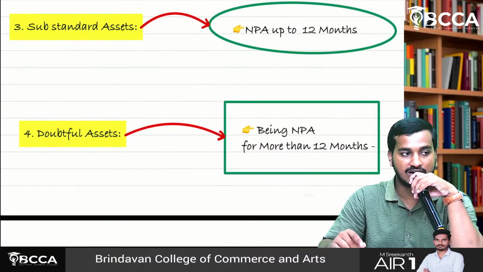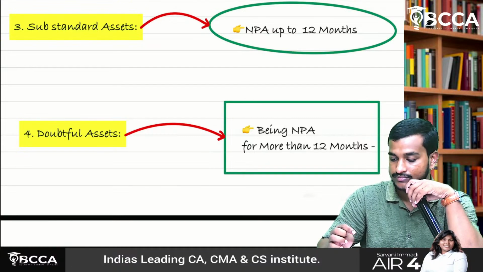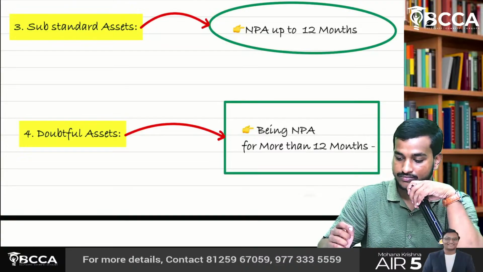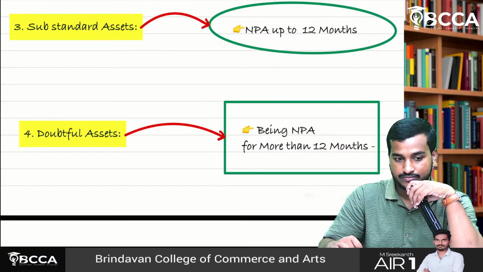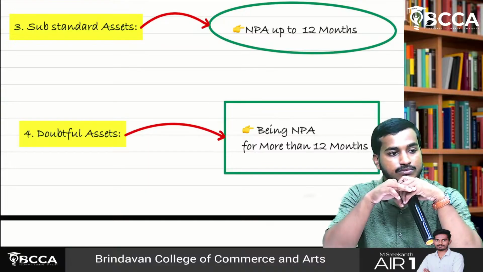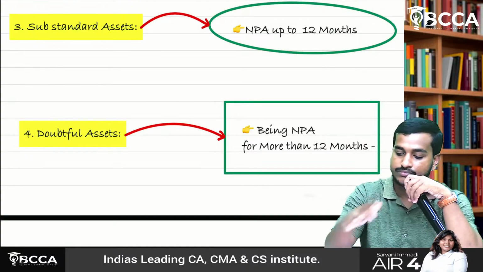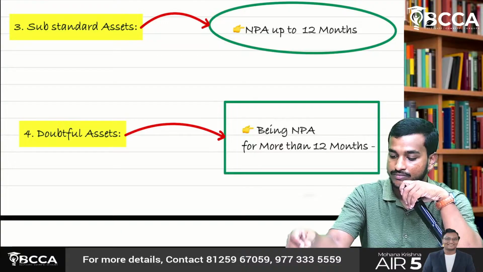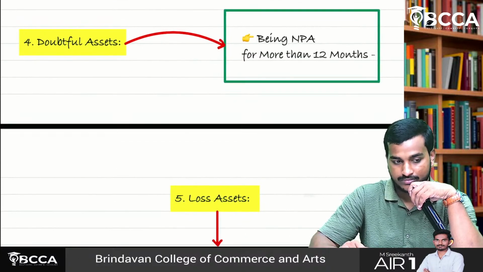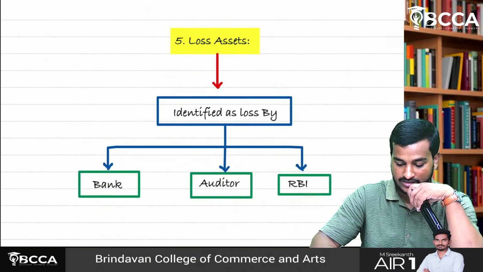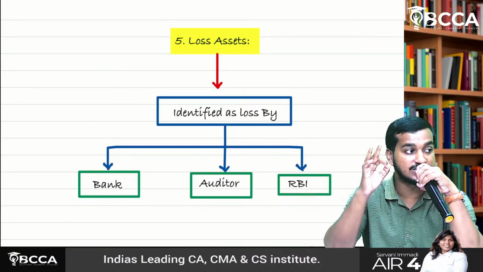NPA up to 12 months is called substandard. Last one, loss assets: identified as loss either by the bank or else the auditor or else the Reserve Bank of India.